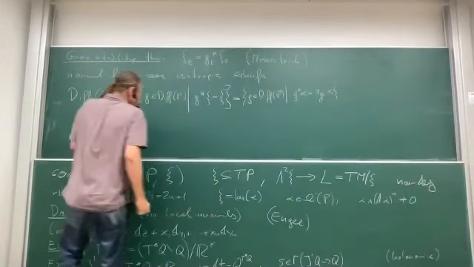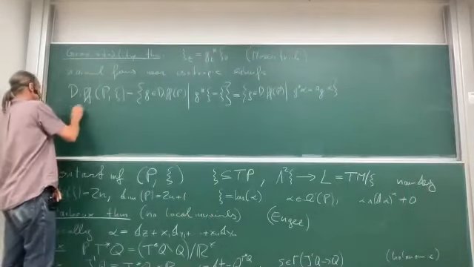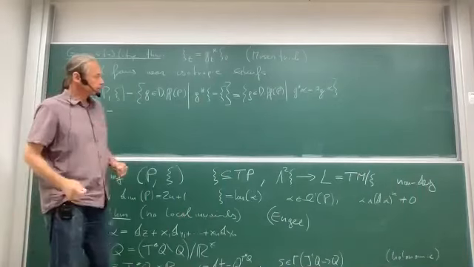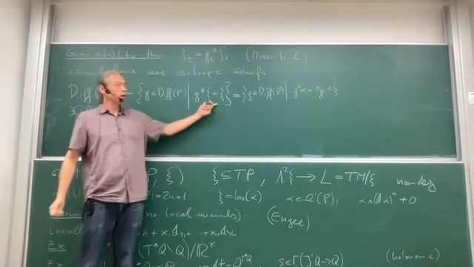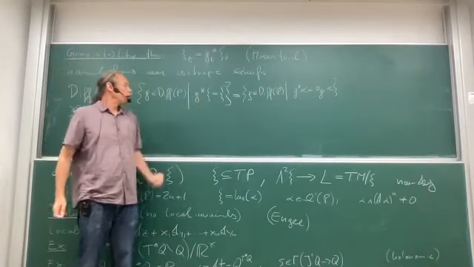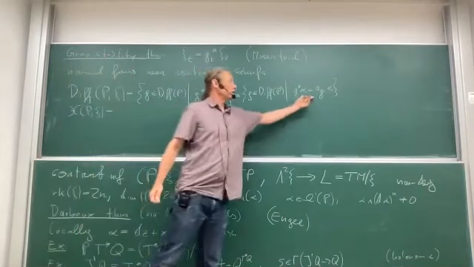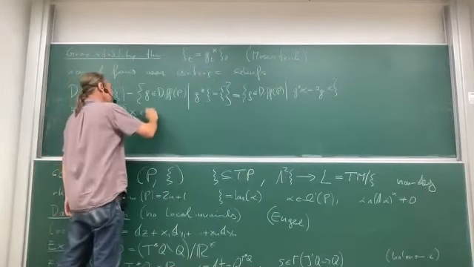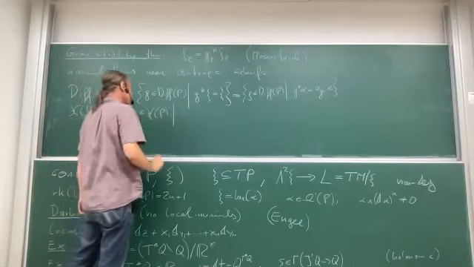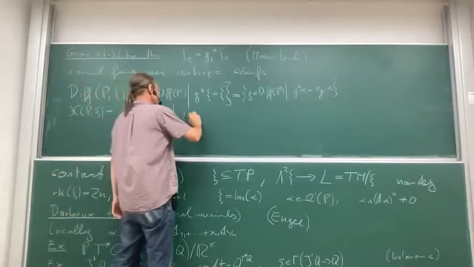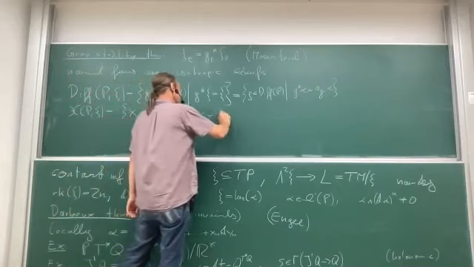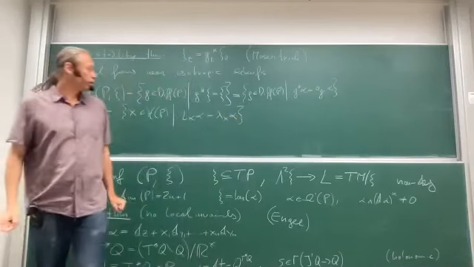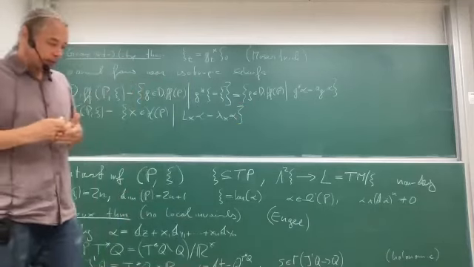And of course, you can wonder what the infinitesimal version is. So you look at vector fields whose flow preserves xi, and that can be worked out in this description easily: precisely the vector fields on P such that the Lie derivative of alpha is a multiple of alpha, up to a conformal factor.